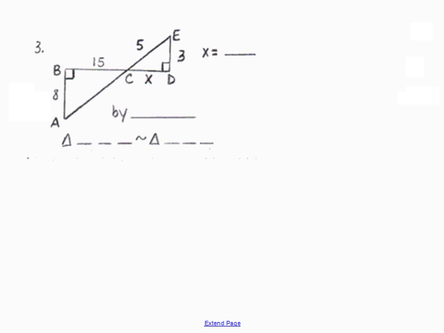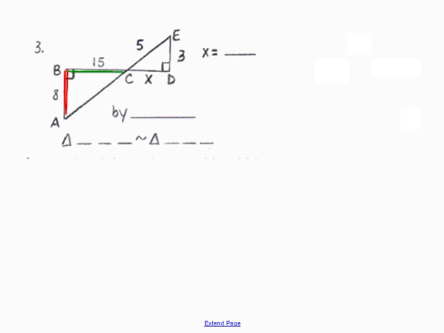All right. Again, we've got to find X. Now this is going to be a little bit trickier, so let's figure out where we're looking so that we can figure out which sides to use. As I'm looking at this picture, I'm noticing that on the larger triangle, we have two sides that are by the right angle.